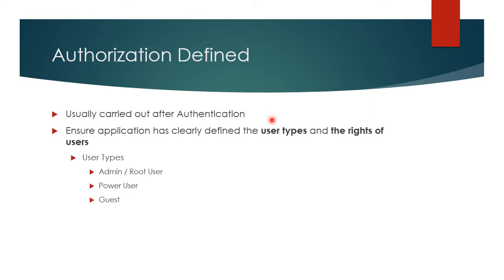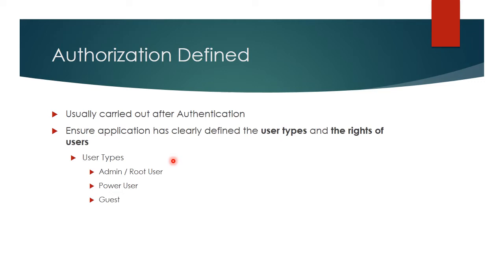Well, in short, it covers two areas. Firstly, the user type and their rights, sometimes also called their privileges, which is what they are allowed to do. If we think about the user type, there are many systems, and every system defines users differently, or groups users differently.